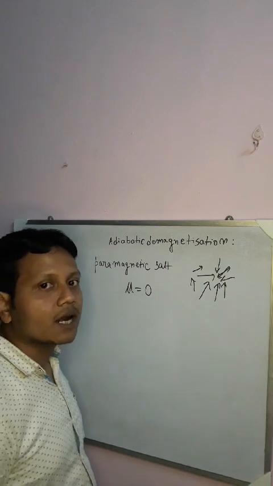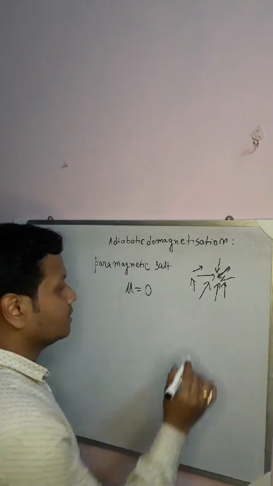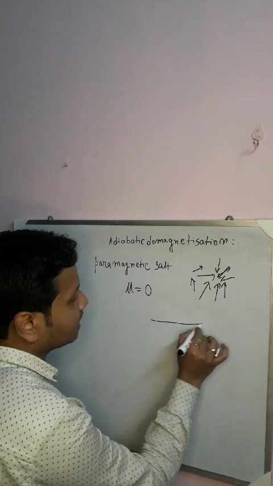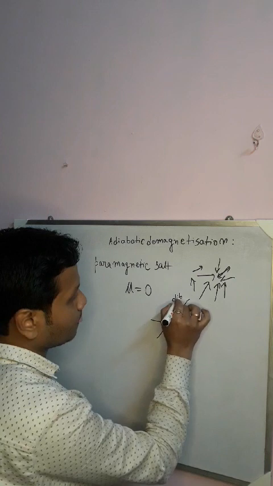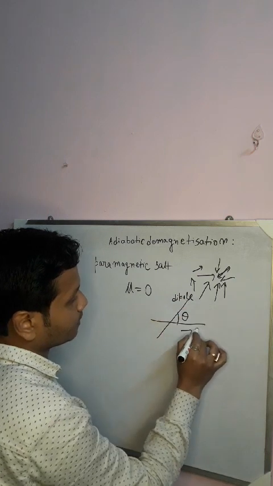But when an external magnetic field is applied, the dipoles tend to align in the direction of the field. Say this is a dipole and this is the field direction.